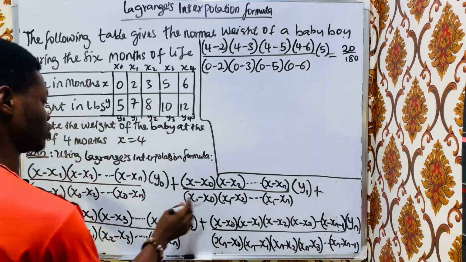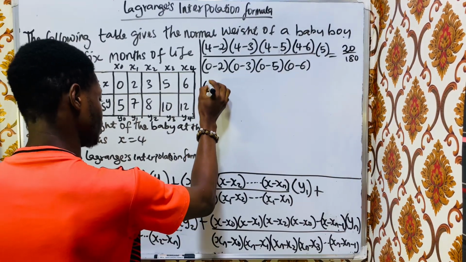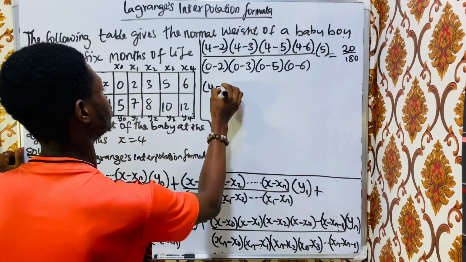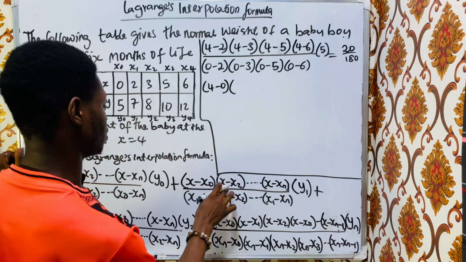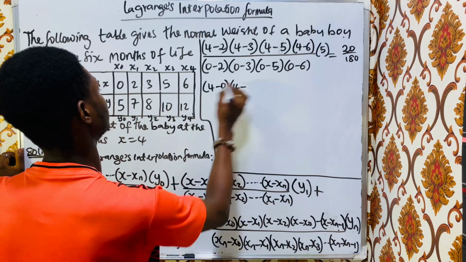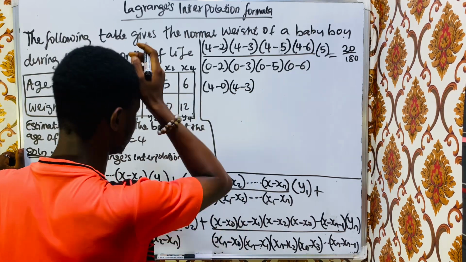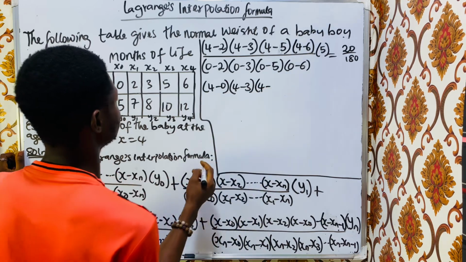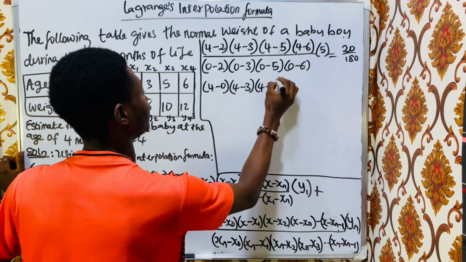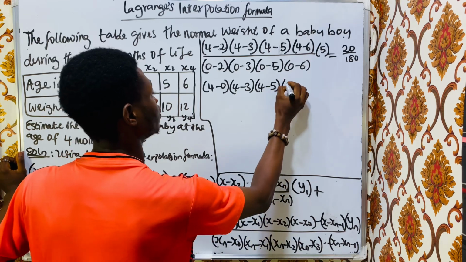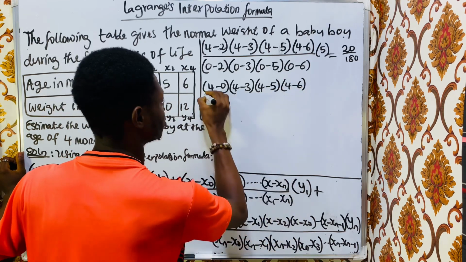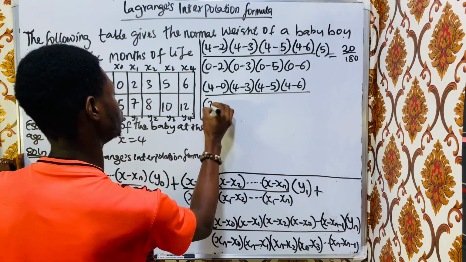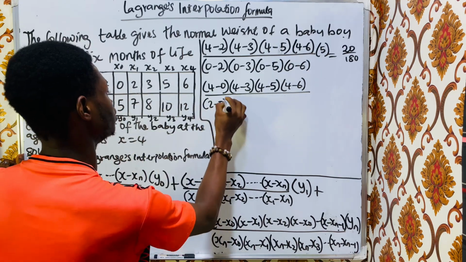So let's go for this one. So we are going to have 4, that's x minus x naught, 4 minus 0. Then x minus x2, 4 minus 3. Then x minus x3, 4 minus 5. Then x minus x4, 4 minus 6, all over x1 minus x naught, 2 minus 0.